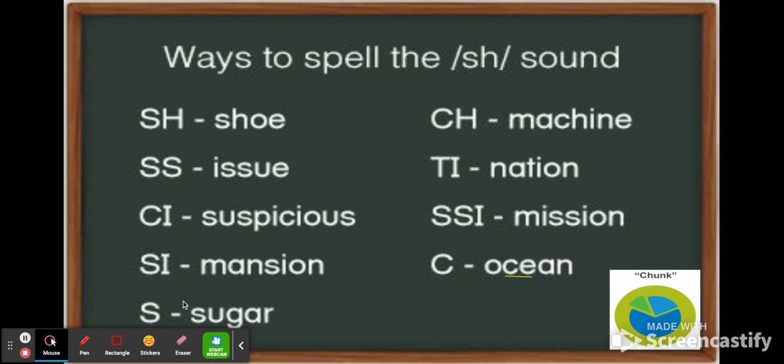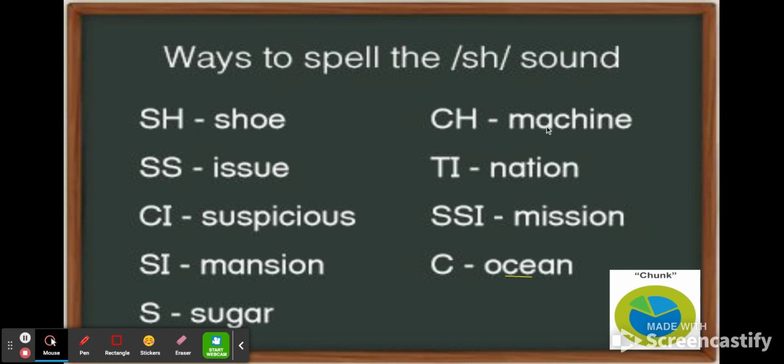So be careful with that. When you see that, you got to really look very carefully because you don't want to call it sugar, as we say in the South, but the word with the single S is pronounced sugar. We're going to go on to the next column to the right.